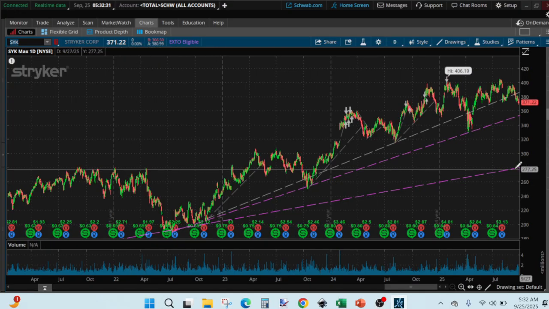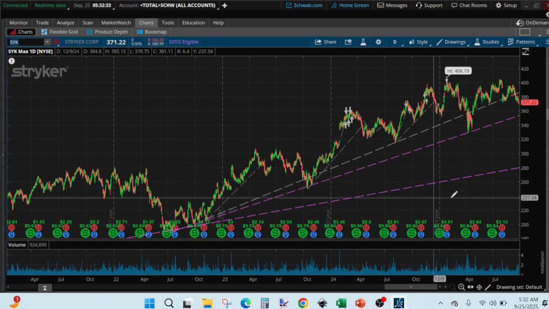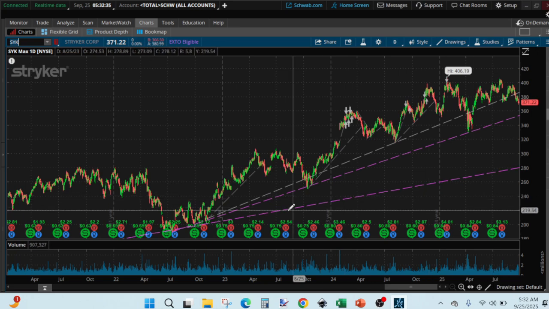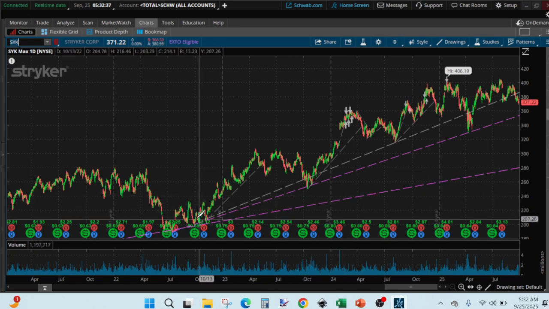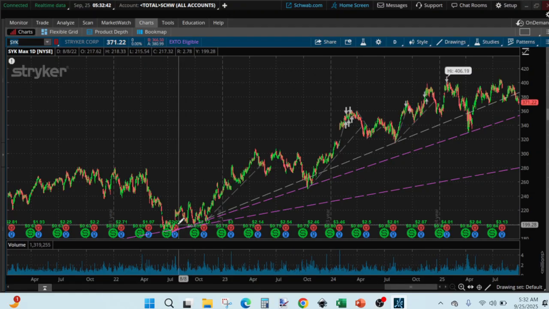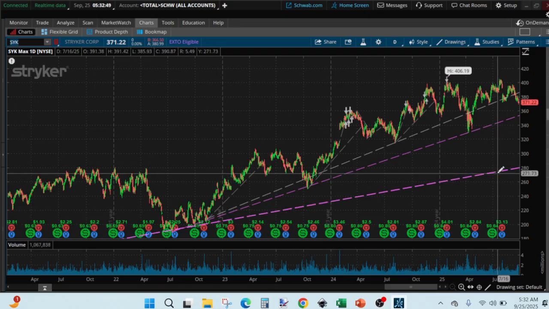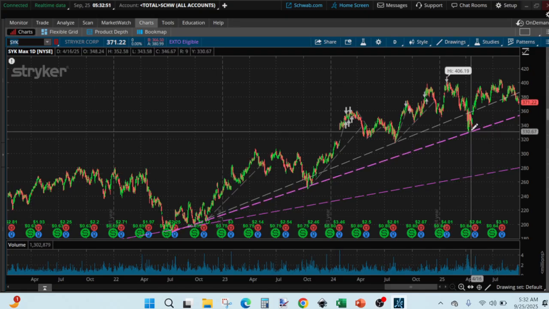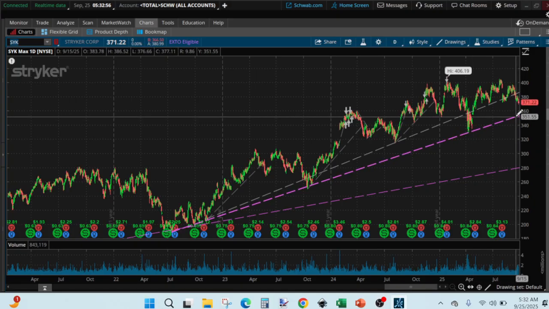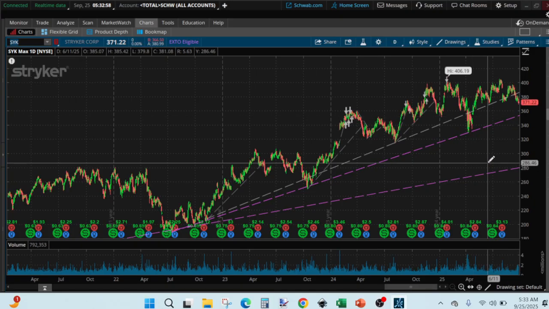It was like one, two years, maybe in 2022 or so, that it touched base with this line. So I don't know if it's going to come back to this line again, or if it's going to use this one to rest on and start going up from there. It's getting close to this line, but it's far from this one. And yesterday the price dropped. It's not a buy for us today either.